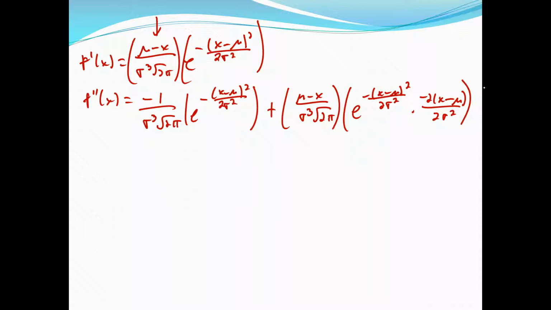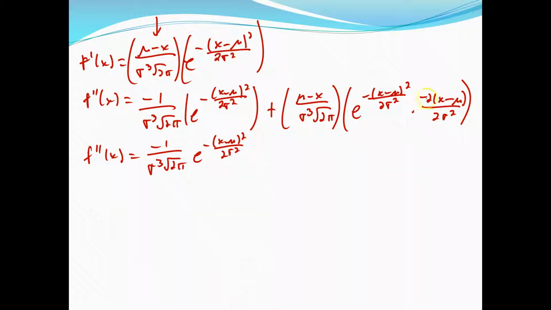Now we can factor some stuff to the front, and let's see what we got here. If we pull out e to that big messy power, will that help us? Well, let's do an extra step here. I don't want to get ahead of myself. So f double prime of x, let's leave this alone. So we have negative 1 over sigma cubed root 2 pi times e to the negative (x minus mu) squared divided by 2 sigma squared.